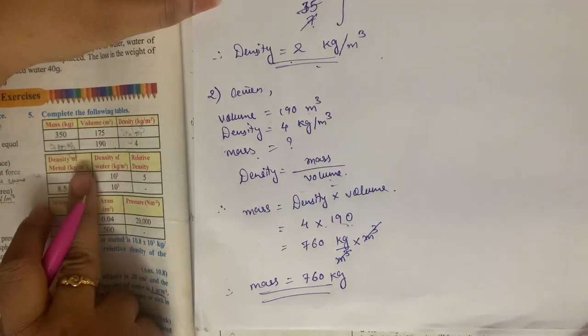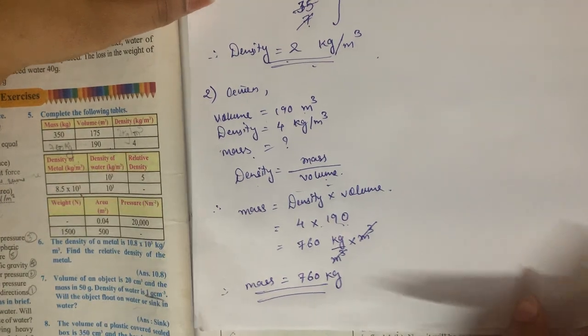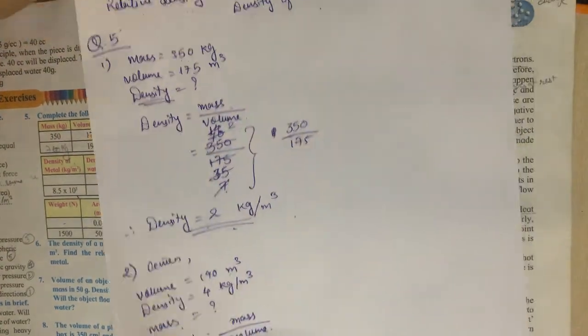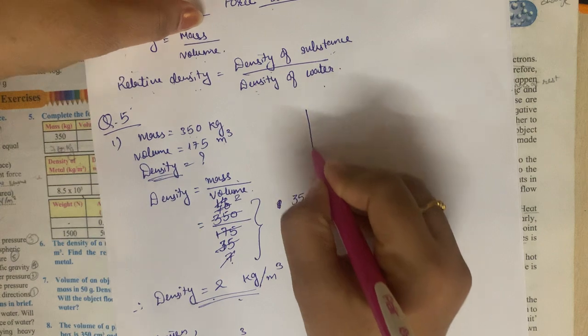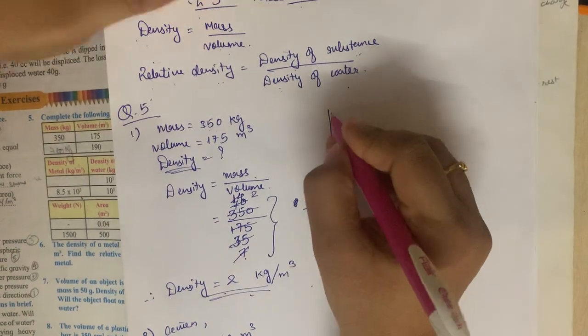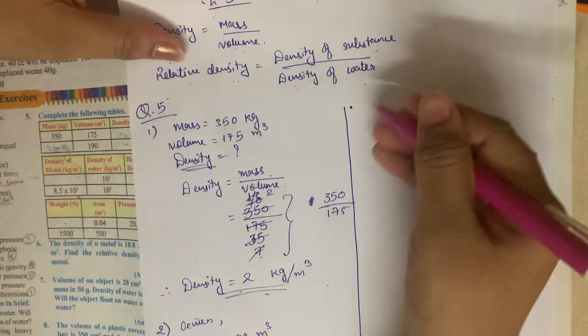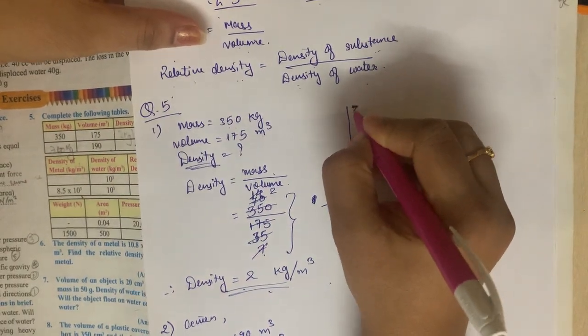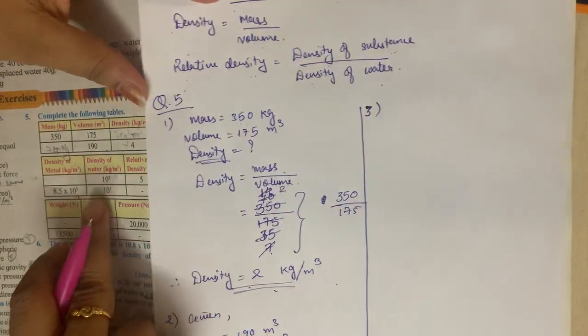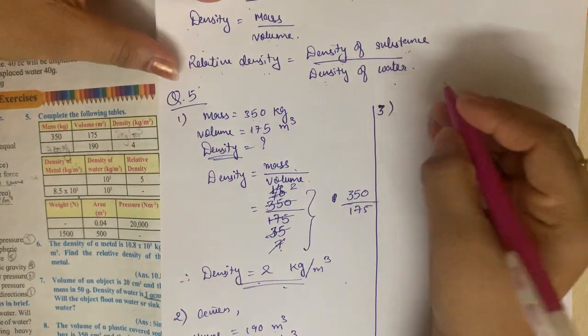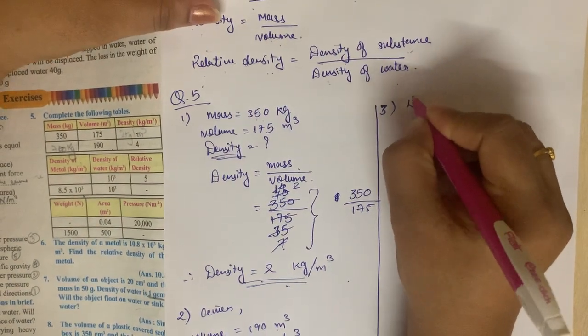Okay, now next part of the question number 5, let us write down. The second part, you can see here density of metal is not given. Okay, but what is given?